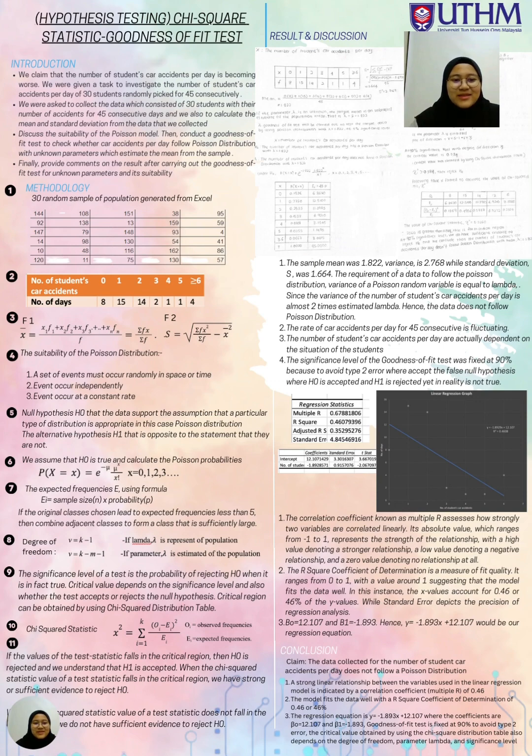Next, I will continue the methodology for step 7, where the expected frequency Ei is calculated by using the formula Ei equal to sample size times probability.